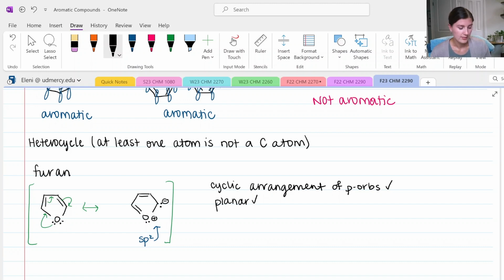So let's now consider whether we have the right number of pi electrons. If we look at the original structure, there are 2 pi bonds. And we have 1 pair of non-bonding electrons that can resonate starting from the oxygen.